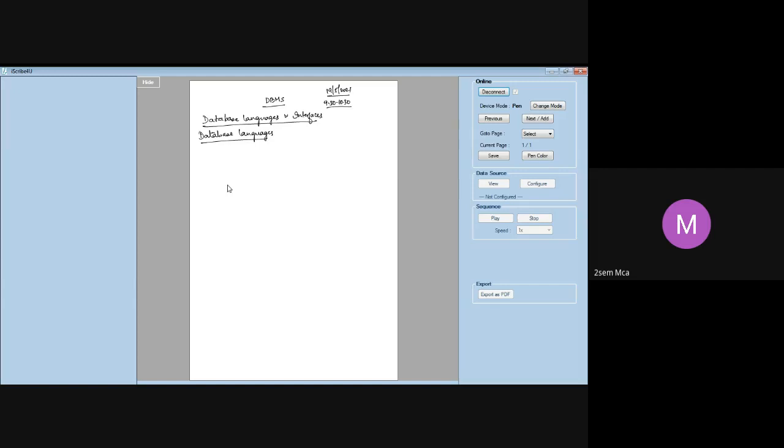Right. Now, when we come to database languages, once the design of a database is completed and you choose a particular DBMS to implement your database, maybe Oracle or some other DBMS, that's okay. So you have designed the database and you have decided which DBMS you are going to use. Then what will be the next step?